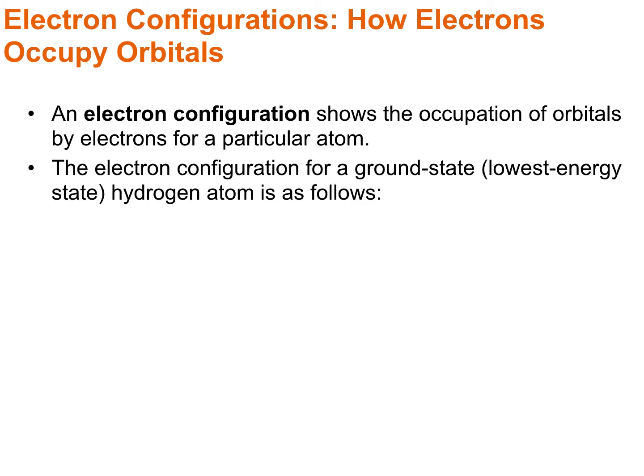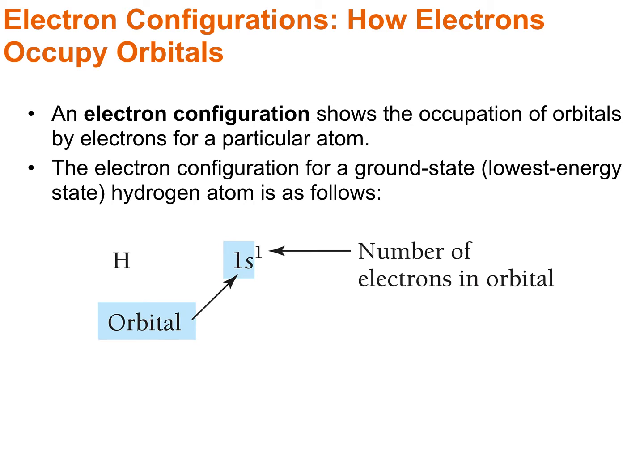The ground state electron configuration, first of all, ground state is the lowest energy state. Okay, so the ground state electron configuration for the hydrogen atom is as follows. First of all, we know that the hydrogen atom has one electron. We also know that the lowest energy principal quantum number is 1.